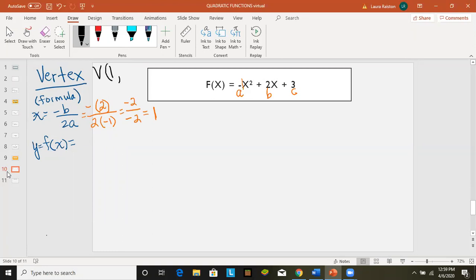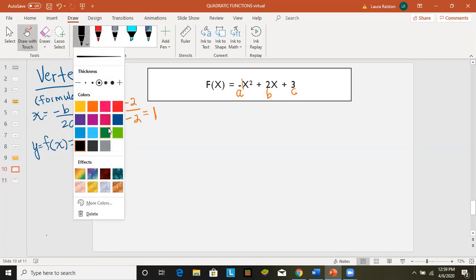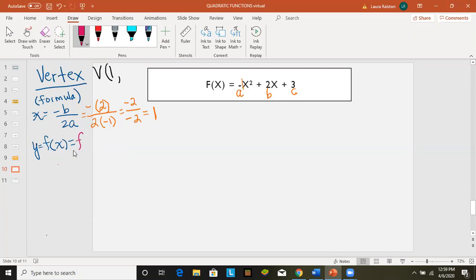To find the y coordinate, I have to substitute that value of 1 back into the original function. So when I do that, I have -1 times 1 squared plus 2 times 1 plus 3.